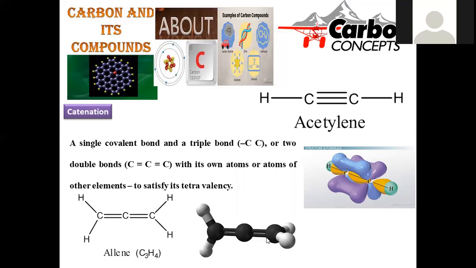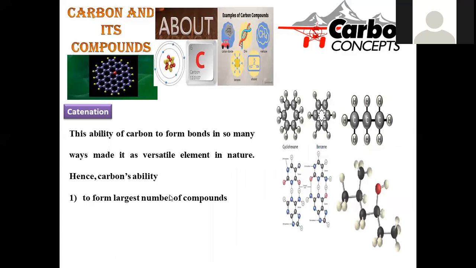In order to minimize it, the molecule adjusts to gain stability. One bond is inclined toward the vertical and the other in the horizontal manner, and this stable molecule is formed by carbon. That is cumulative bond formation. Allene is the simplest example in that regard.